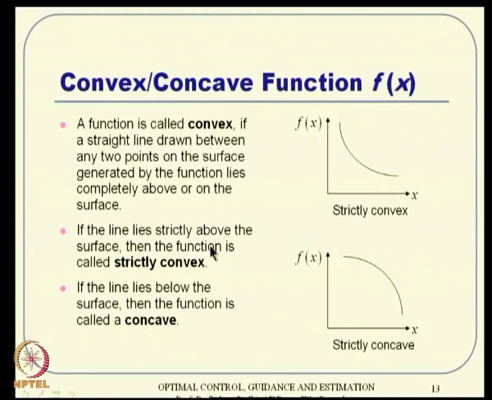If the line lies strictly above the surface, it is called strictly convex. Remember, we are talking about two different points. If the 2 points happen to be the same, then it is a tangent point, and we are not interested in that. And in the opposite case, if the line lies below the surface, it is called concave, and if it is strictly below, it is strictly concave.